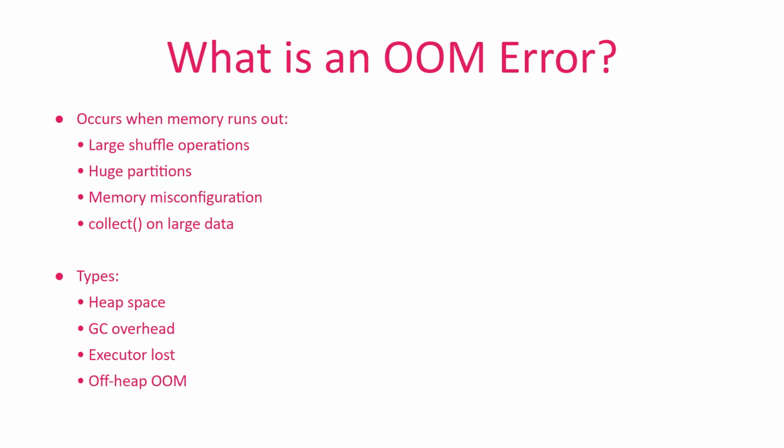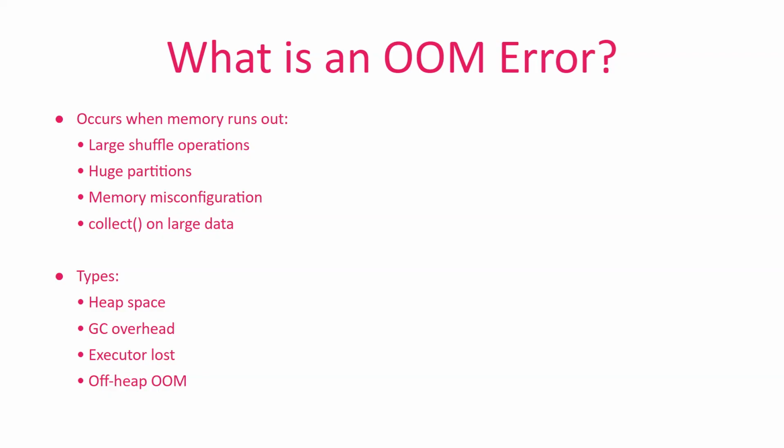What is an out of memory error in Spark? A Spark out of memory error occurs when an executor does not have enough memory to store data, perform shuffle, or handle cached results, or when driver memory is insufficient to handle a large result or collect operation.